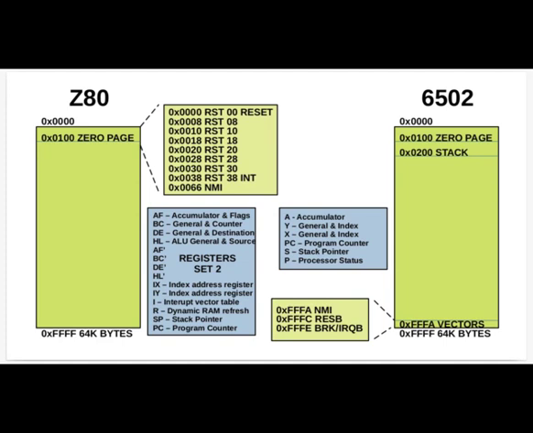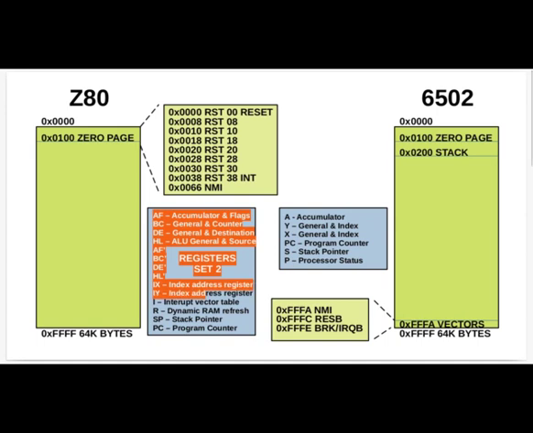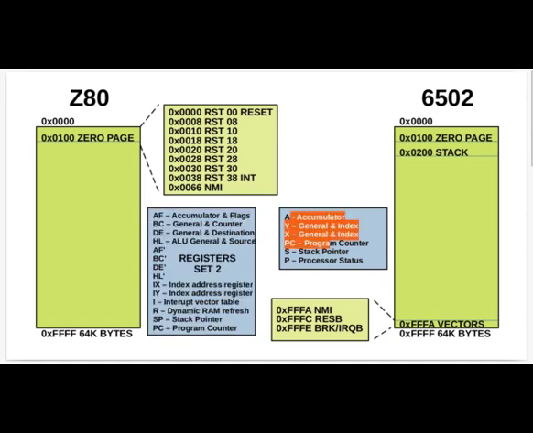And just a quick explanation of the differences between the two processors. On the left here, I've got the Z80 processor, and these are all the registers for the Z80. And on the right, there's the 6502 processor, and it's only got a handful of registers in comparison.